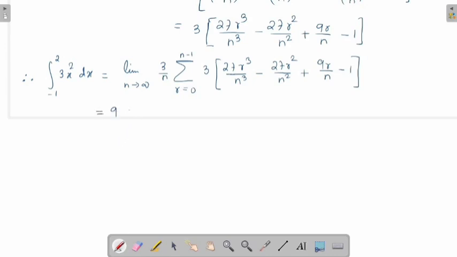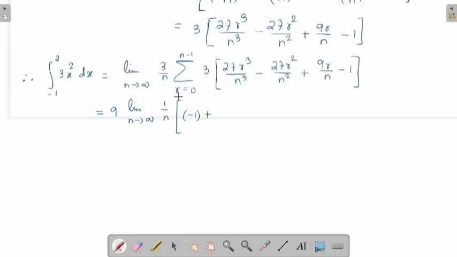So we have limit n tends to infinity 1 by n. Now can I put the value here? Yes, obviously. Now put the value of r to be 0. When you do that, these terms become 0 and you get only minus 1. So you have minus 1, summation means plus.